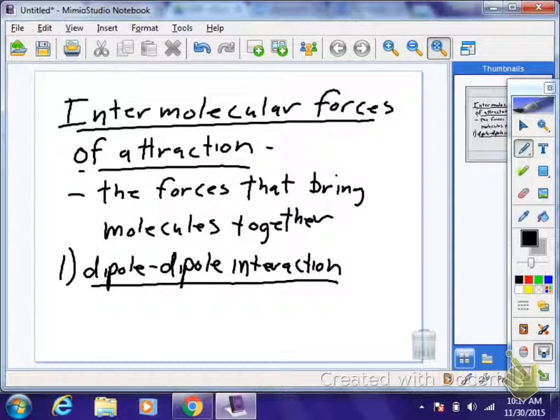So what creates a dipole from what we talked about when we talked about bonding? What kind of bond will present a dipole? There were different ways you can determine if something was a specific type of bond based upon electronegativity. So what kind of a bond would create a dipole in a molecule?